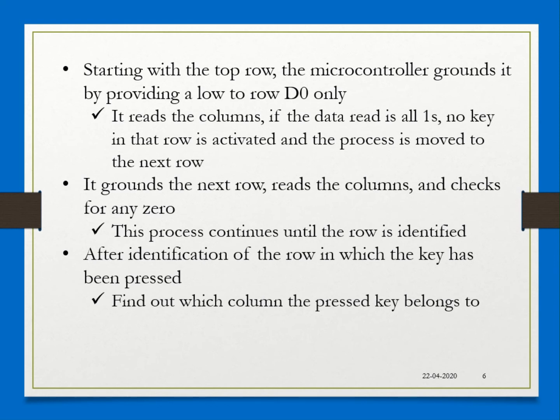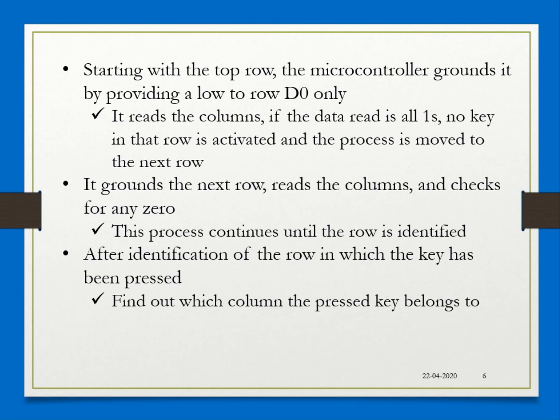So the procedure is, once the microcontroller identifies that a key is pressed, it will ground each row one at a time and read the columns. First it will ground row 0 or D0, then read the column. If you are getting 0 at a particular column, then the key at D0 and that column would be the key pressed.